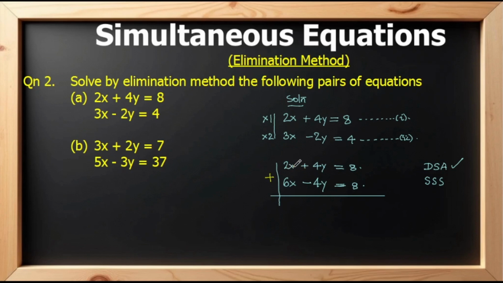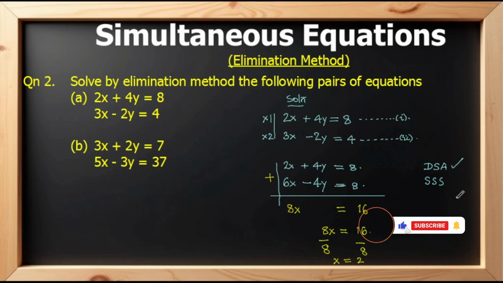Now when you add 2x plus 6x, we get 8x, and then 4y plus negative 4y vanishes to 0, so we can just ignore it. 8 plus 8 makes 16, so we can get x by dividing both sides by 8. So our 8x equals 16, dividing it by 8 on both sides, our x value becomes 2.